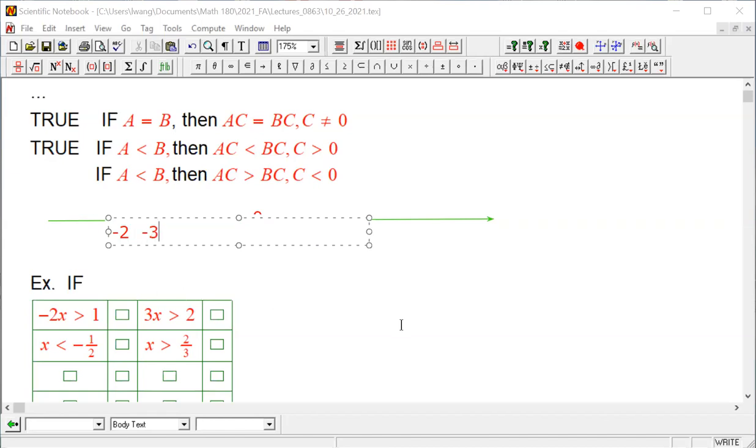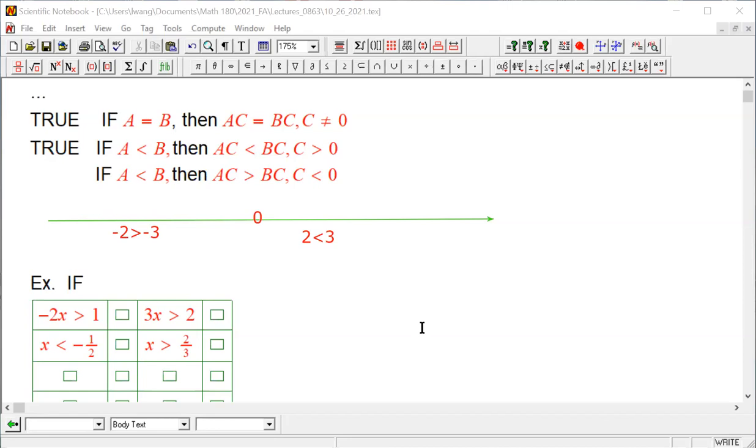Which one is larger? -2 is larger, right? This is why you have to switch the direction of the inequality sign when you multiply by a negative number for inequalities. Larger than, smaller than, greater than or equal to, less than or equal to.